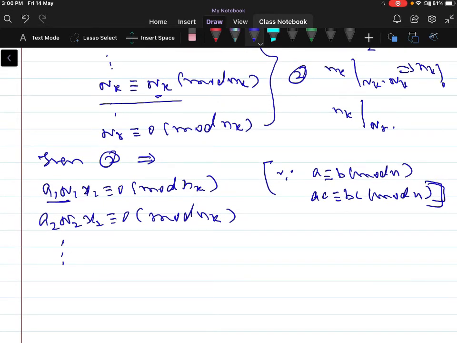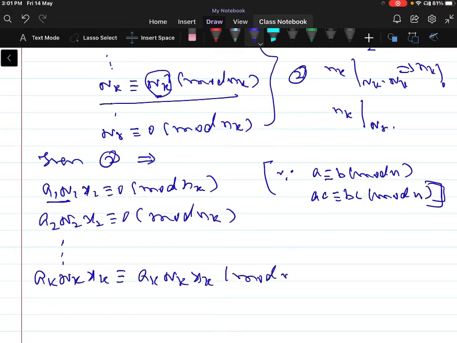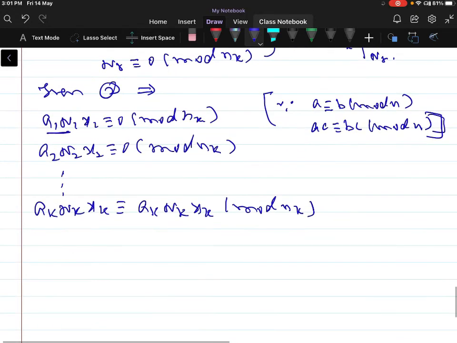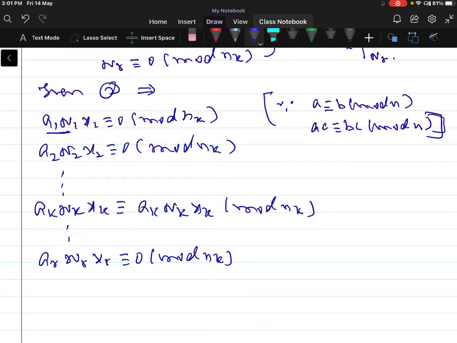For the kth equation, ak nk xk is congruent to ak nk xk modulo nk, and so on, ar nr xr is congruent to 0 modulo nk. Let us call this equation 3.